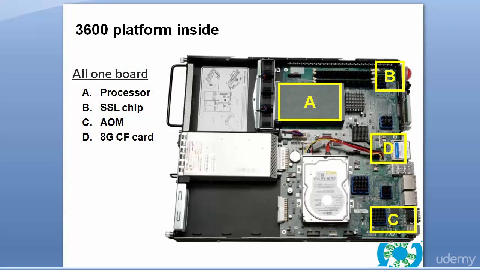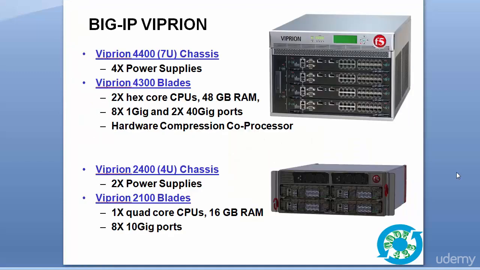F5 has specifically designed not only the software, but also the hardware as a full proxy networking device. This board is both a CPU motherboard, an integrated switch card, and hosts a second operating system called SCCP or AOM. A fully loaded Viprion 2400 system contains 4 2100 blades, with each blade composed of a single quad-core processor, 16 gigs of RAM, and 8 10 gigabit fiber ports.